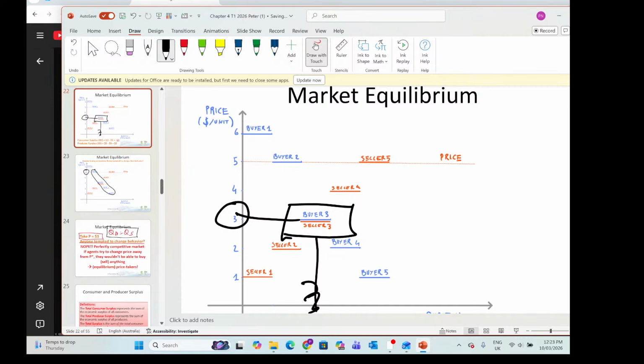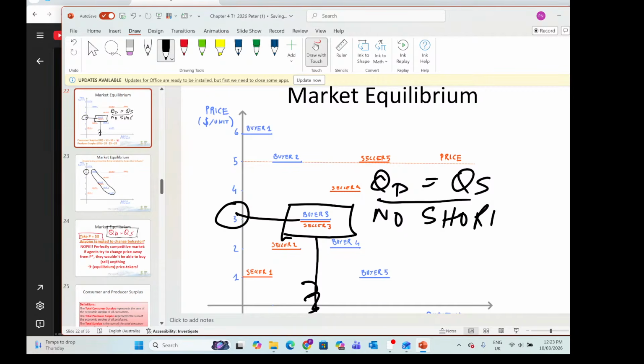Does that mean everyone's happy? It does not mean everyone's happy. But sometimes textbooks say this: the quantity demanded equals the quantity supplied, and therefore there's no shortage in the market.